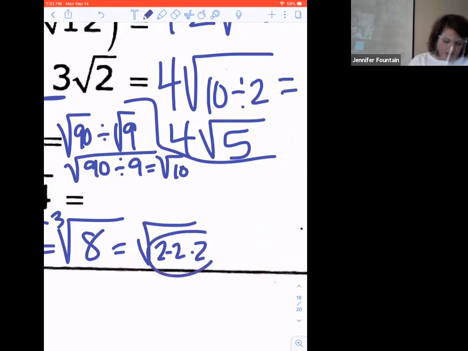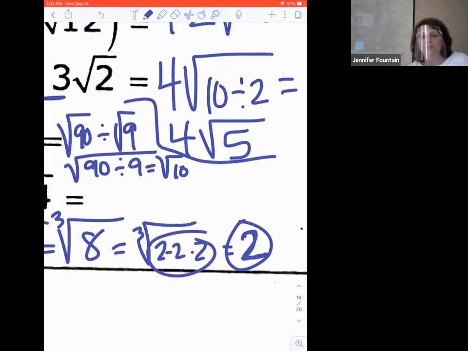So now my answer is 2, the whole number 2, because my index was 3. Thank you. All right, any questions? Okay, we always want to try to simplify as much as possible.